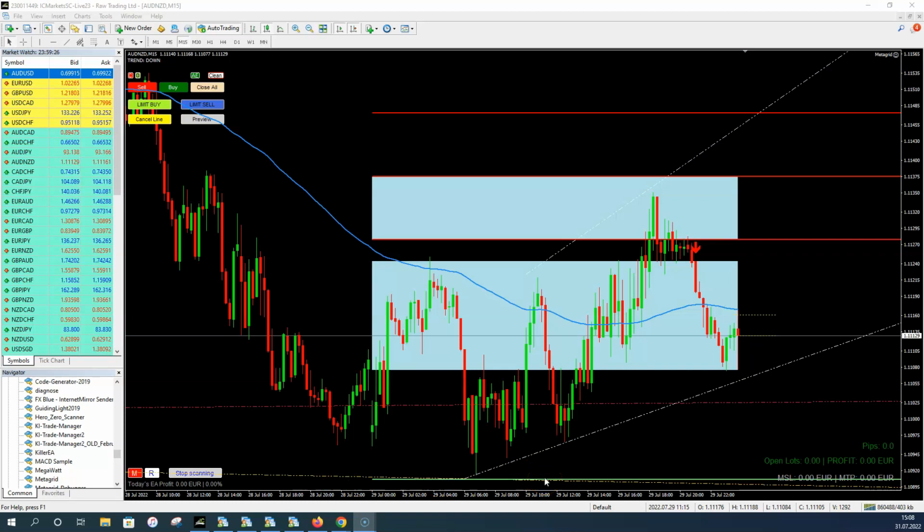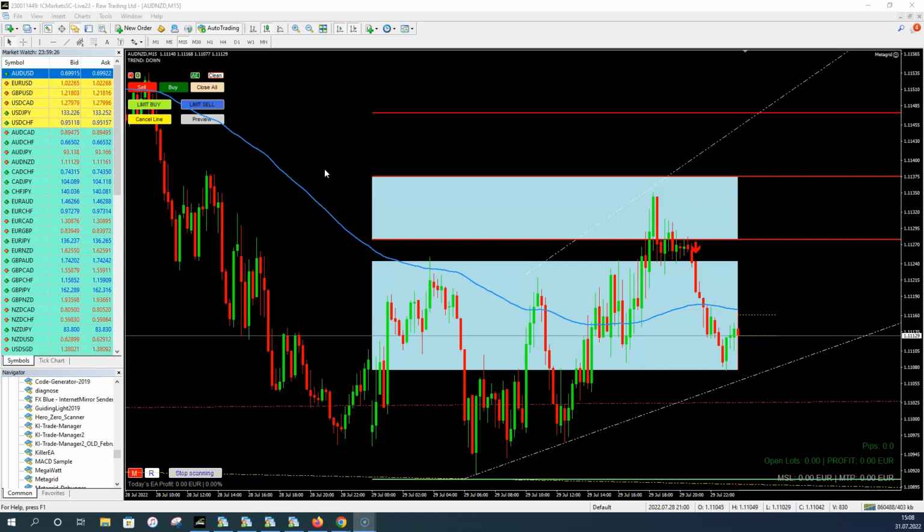There's an own video for how the auto trend line works, and the same is true for the order blocks. We have our own video for the order blocks and the price action arrows. You can find this in the playlists for the Metagrid Trade Manager. In this video I want only to show how the auto trader works.